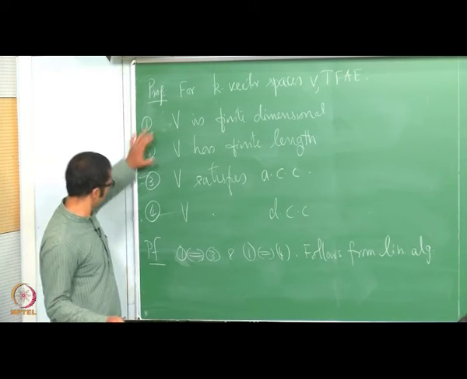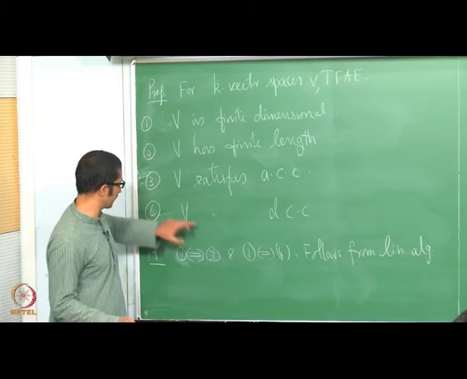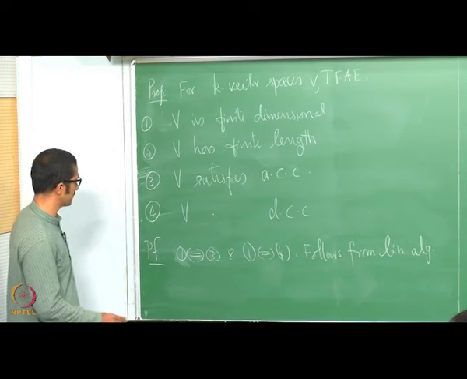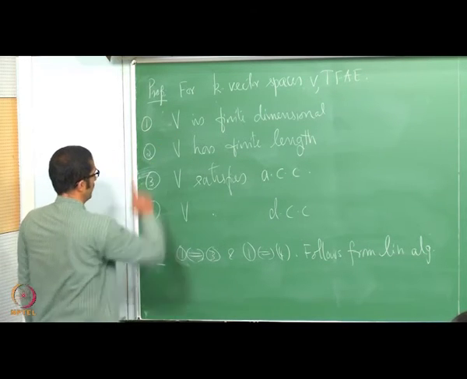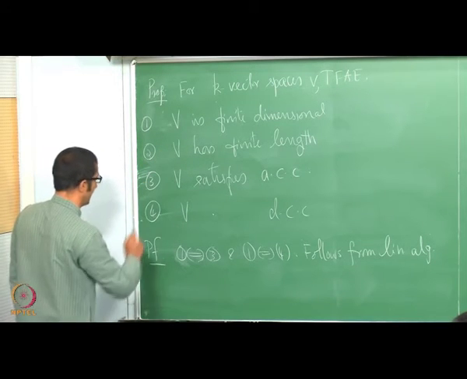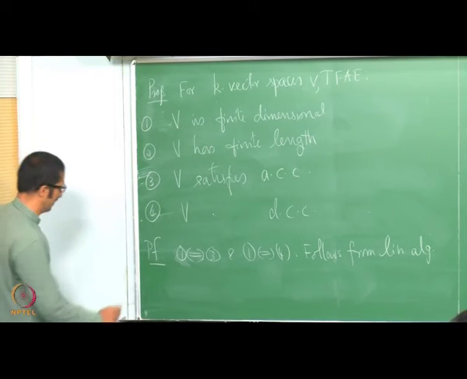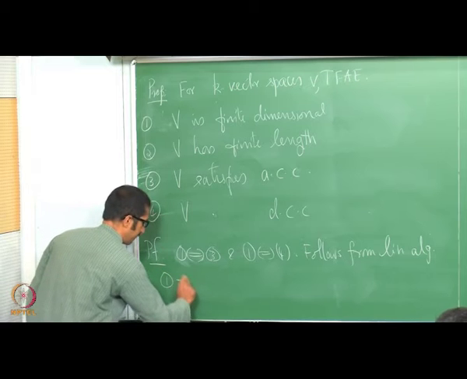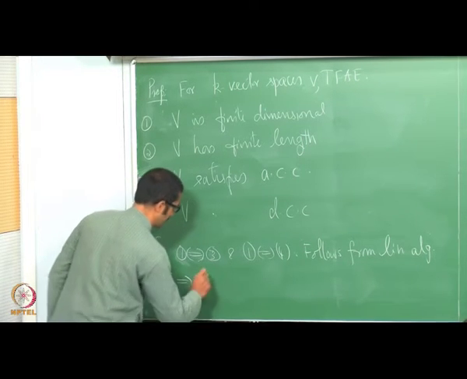So, 1 if and only if 3 and 1 if and only if 4 is straightforward. So, we only have to prove that 1 implies 2, which is again straightforward. Why is that so?